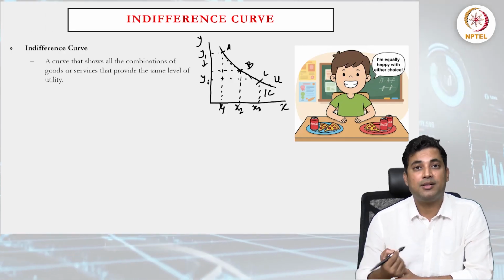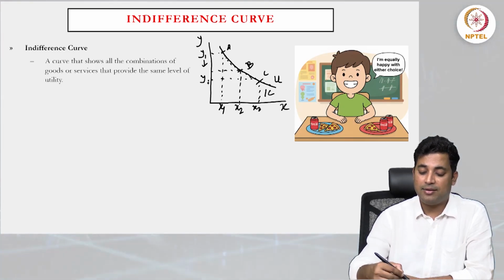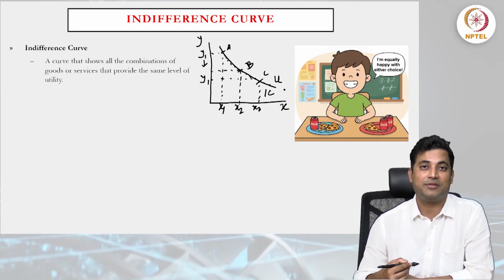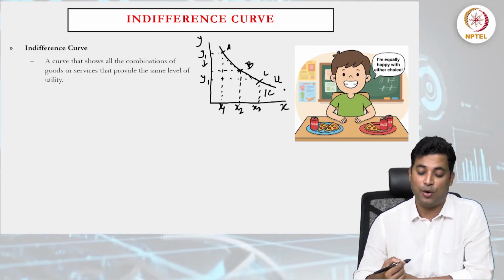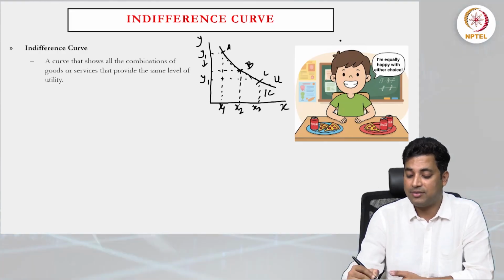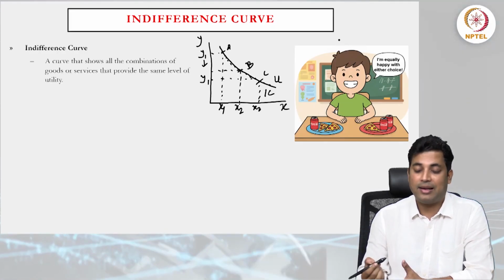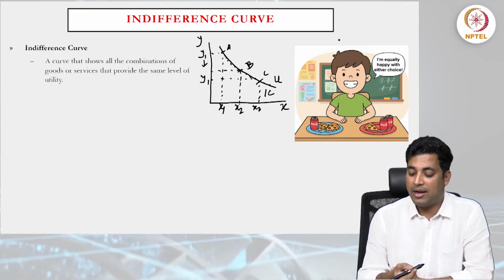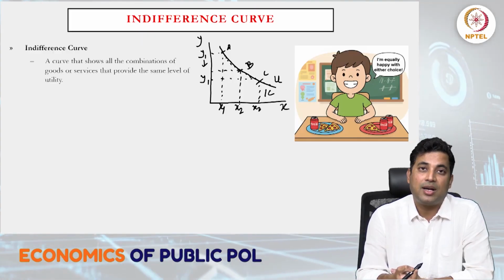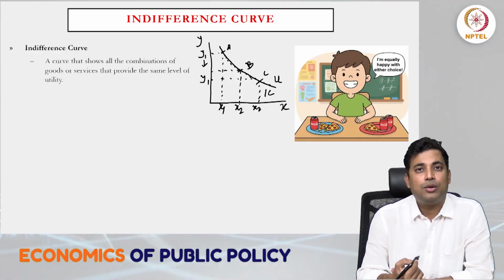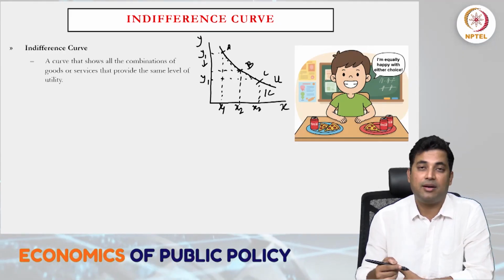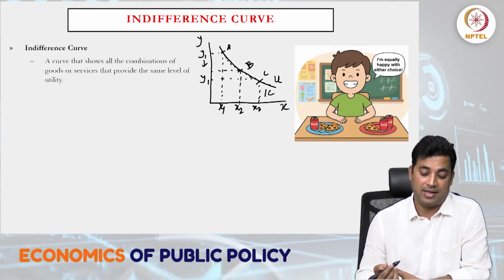But from the perspective of a rational human being, in terms of utility, I'm getting an equal level of satisfaction whether I'm at A, B, or C. Look at this picture: it's like being equally happy whether you get one Coke with two slices of pizza or two Cokes with one slice of pizza. Here the satisfaction is the same.